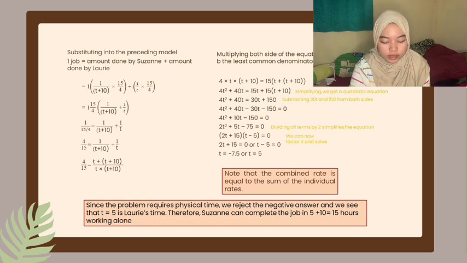Substituting into the preceding model, 1 job equals the amount done by Susan plus the amount done by Lori, which equals 1 equals 15 over 4 times (1 over (T plus 10) plus 1 over T).